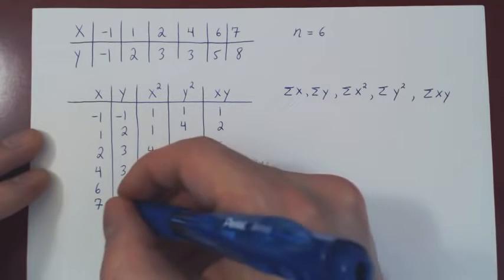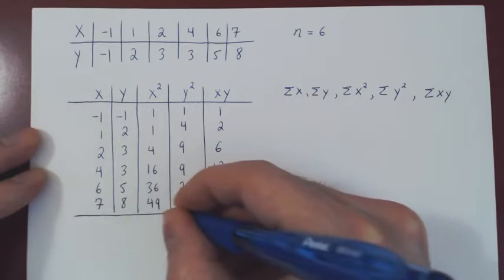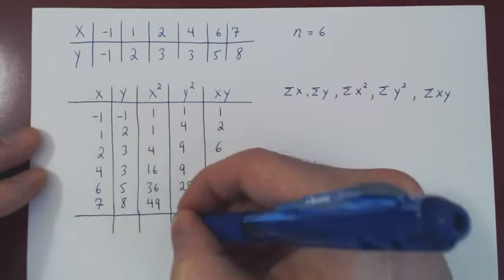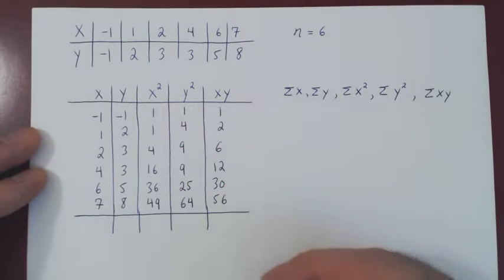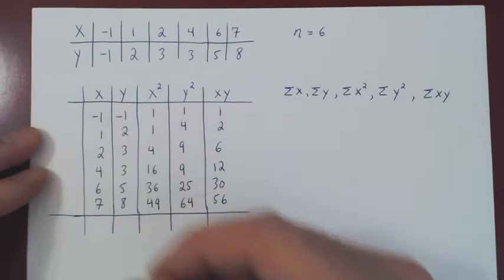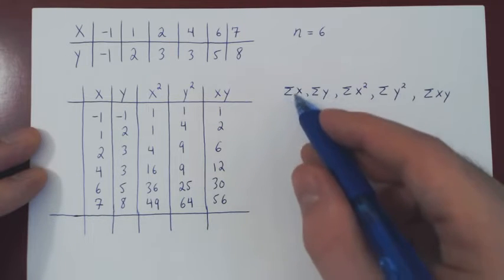And we can put these totals at the bottom of our table. And we will signify that we have here the column totals using, of course, the sigma notation.